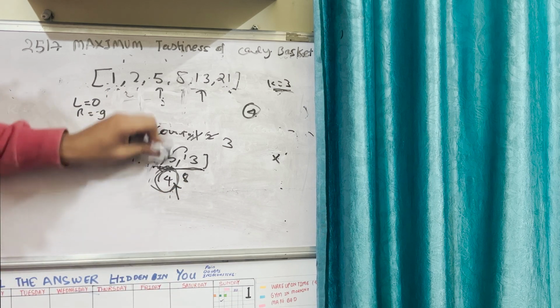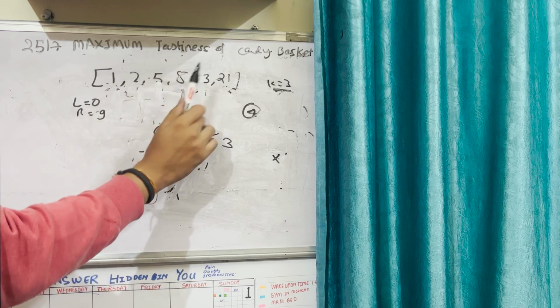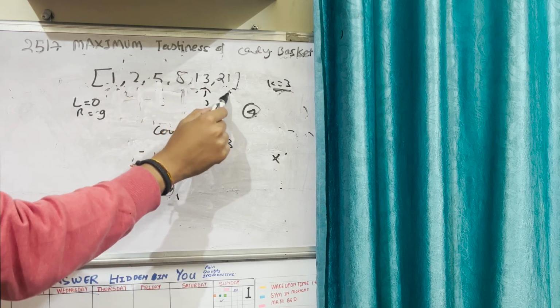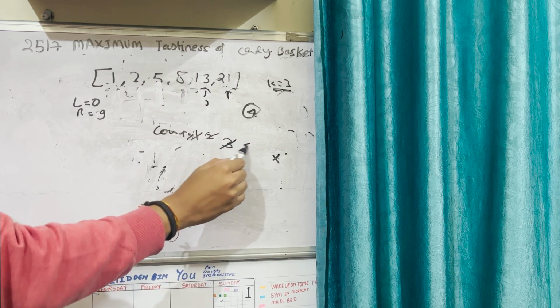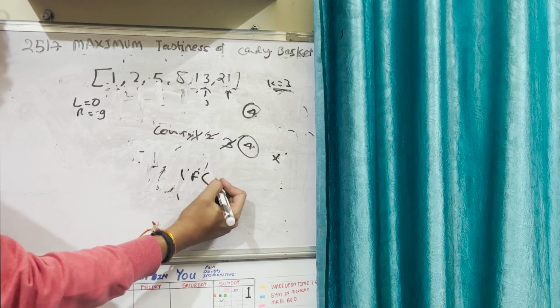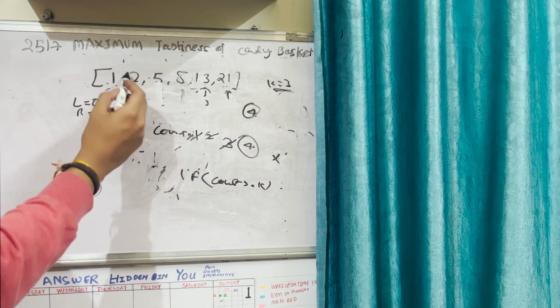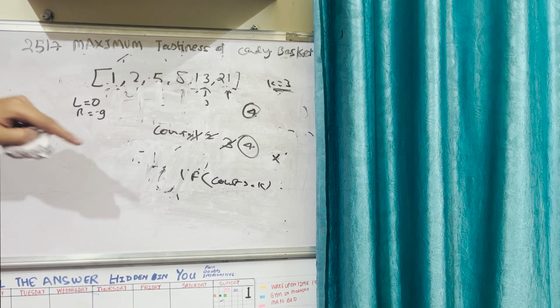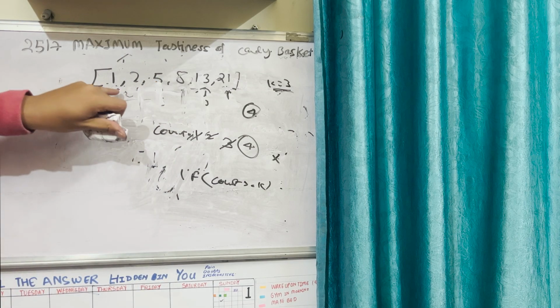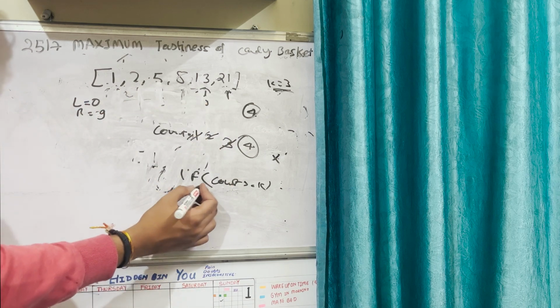Then so you simply just keep counting. Your j will be here, your i will be here, count will be 4. You check if your count, as I said, is greater than or equal to k, meaning that using 3 values like this, we were able to achieve 4.